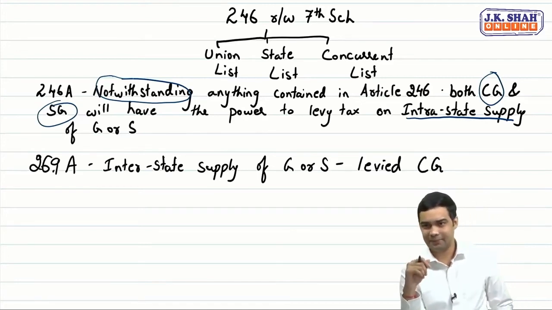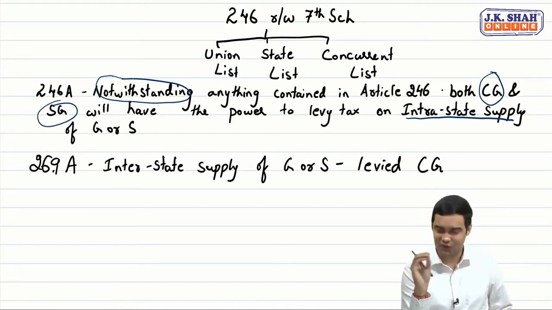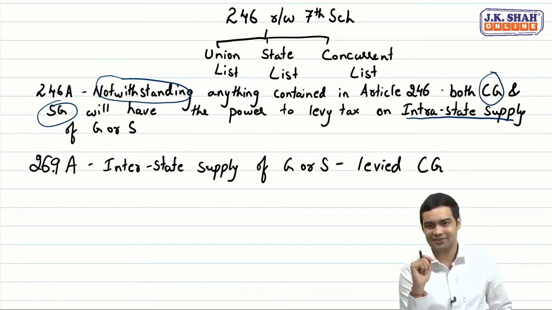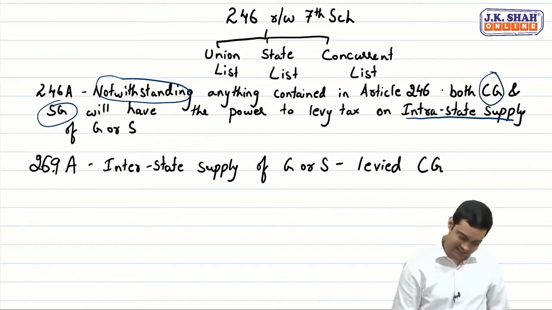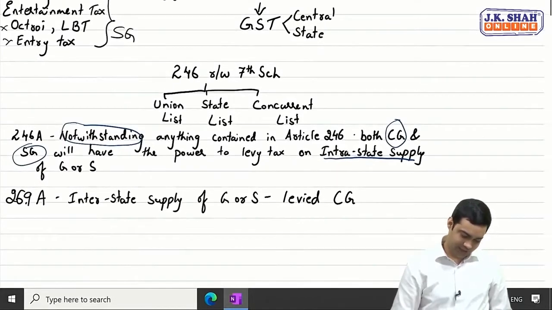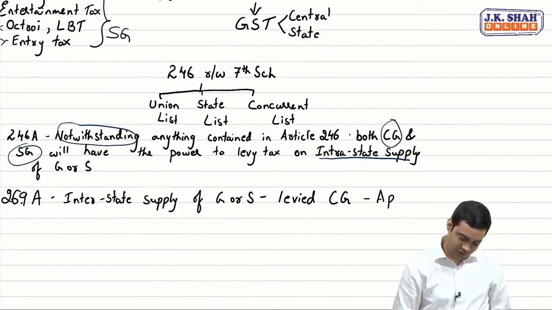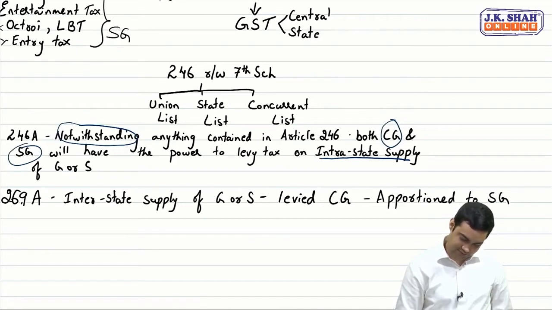Here, tell me one thing. When I say tax will be levied by central government, do you think central government will alone eat the entire tax, or will they give some share to the state government? Obviously, they will give a share to the state government. They cannot eat the entire tax. Though it is levied by central government, it is to be apportioned to state governments as well.